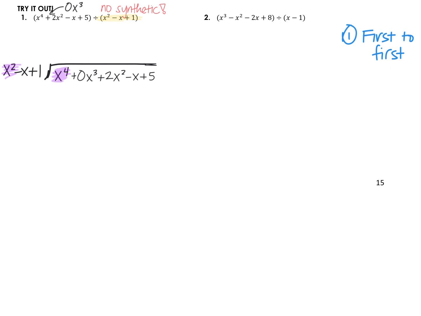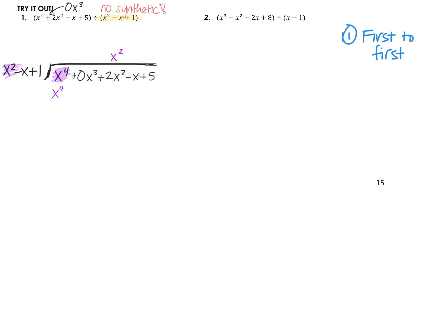So I'm going to put that little number up at the top, above the x squared. And that x squared is what I'm now going to multiply to x squared, x, and 1. So one thing at a time. x squared times x squared will give me x to the 4th. That should match, okay? If you've done this right.